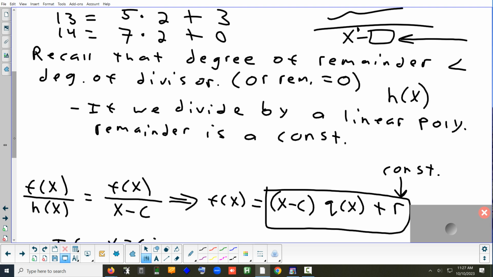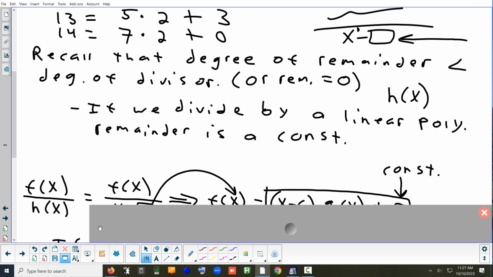Now, I want to look at what happens if we plug in a certain value for x. Okay, and not just a random value. I specifically want to plug in the number after the minus sign. And watch what happens. We're going to plug in the number after the minus sign in that formula.